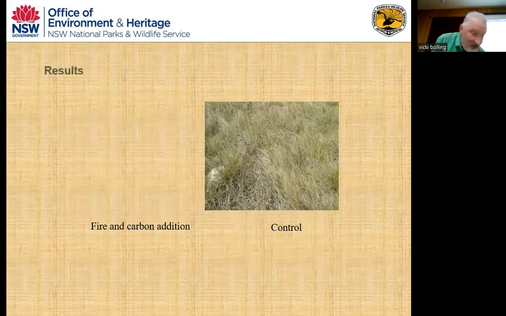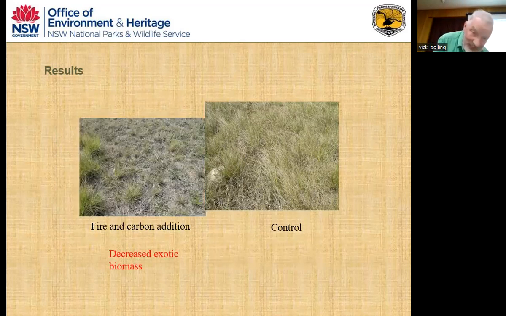And that's the control. The exotic sward of grass came back pretty well. That's the sugar addition. So basically the weeds didn't do nearly as well when carbon was added to the mix. And when you look at, so decreased exotic biomass.